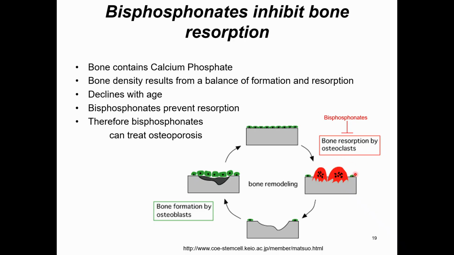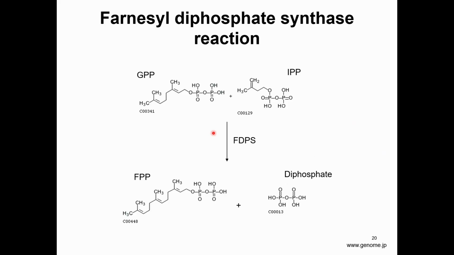It removes bone. What bisphosphonates do, these are drugs, they inhibit bone resorption. So if you inhibit bone resorption, more bone is retained, right? And so that's how these drugs called bisphosphonates work. And they can treat osteoporosis, which is a big problem in geriatric medicine. Leads to a lot of broken hips.